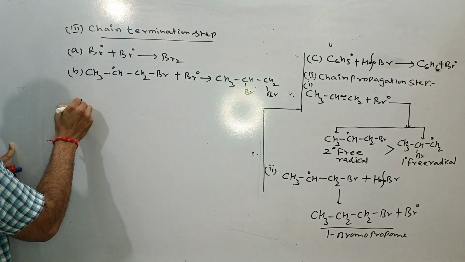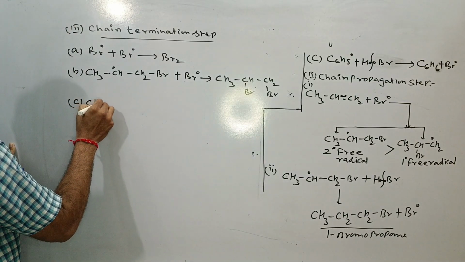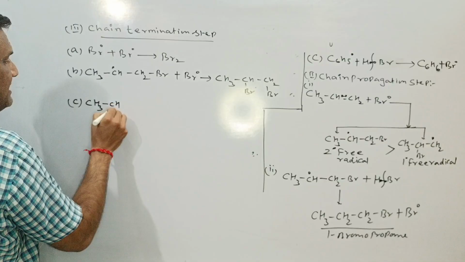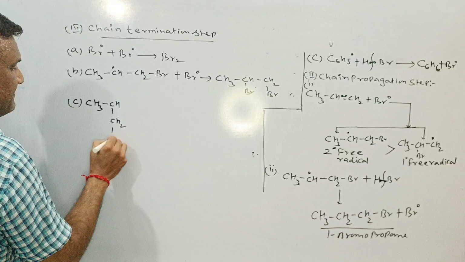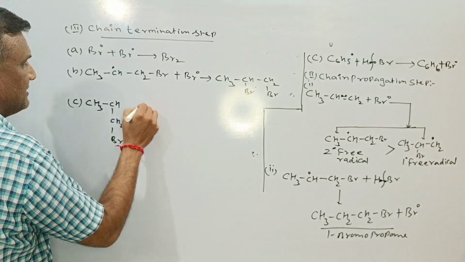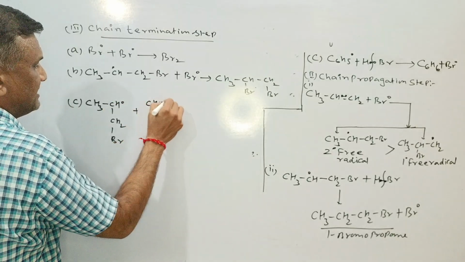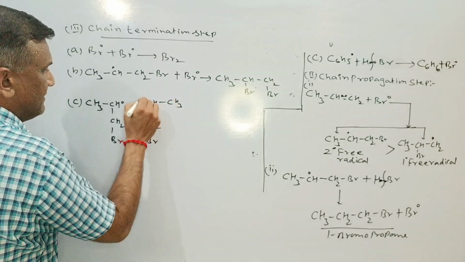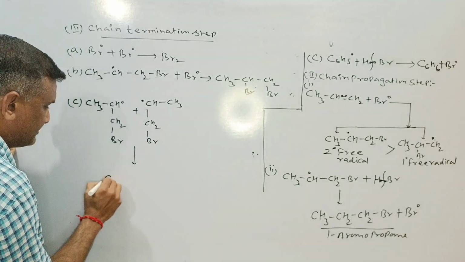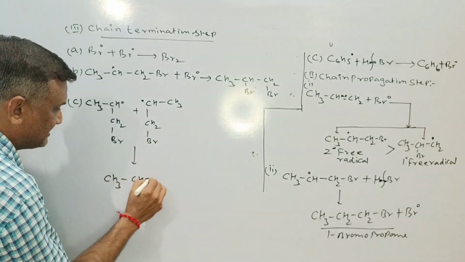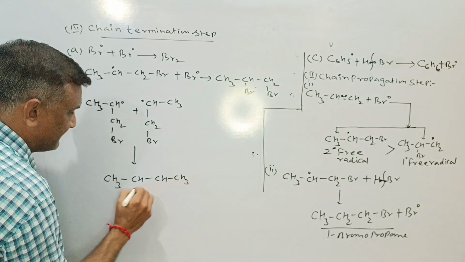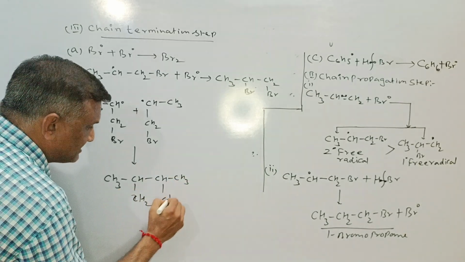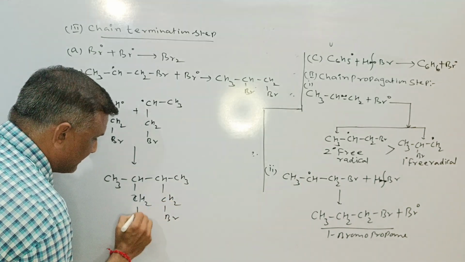And the third possibility regarding this is that we can take this free radical, CH3, this is the CH2, this is the Br, and this is the other free radical. This is the CH3, this is the CH2Br free radical. Combined with each other, they form CH3, CH, CH, and CH3, this is the CH2, and this is the CH2Br and Br.